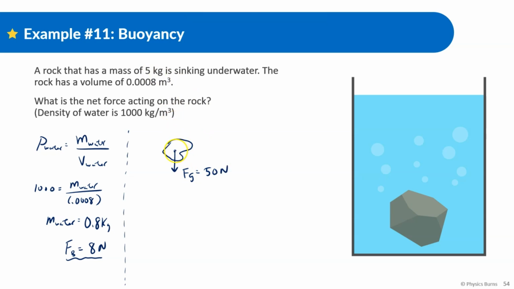And we also know that the force of buoyancy is going to be equal to 8 newtons. So what's the net force going to be equal to? It's going to be downwards 42 newtons, or negative 42 newtons. Okay, but it's going to have a magnitude of 42 newtons.